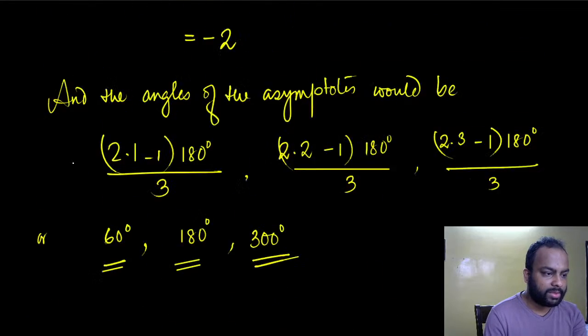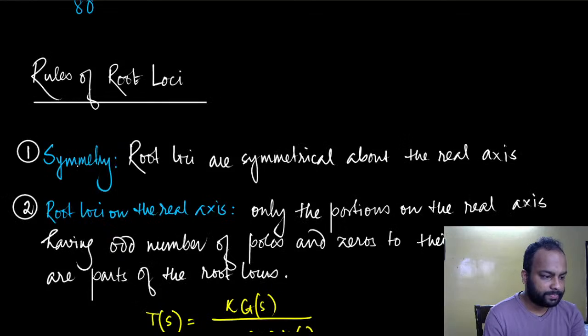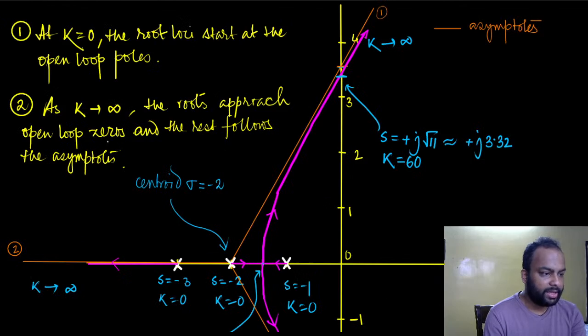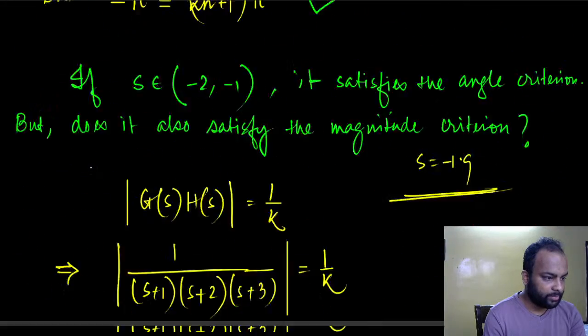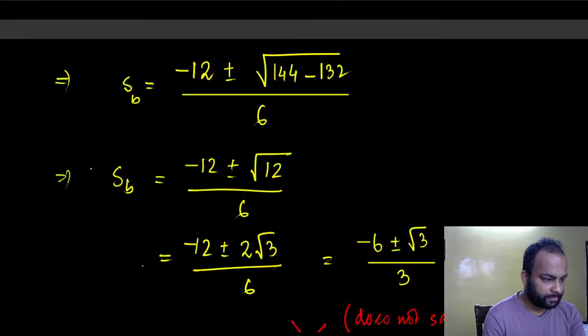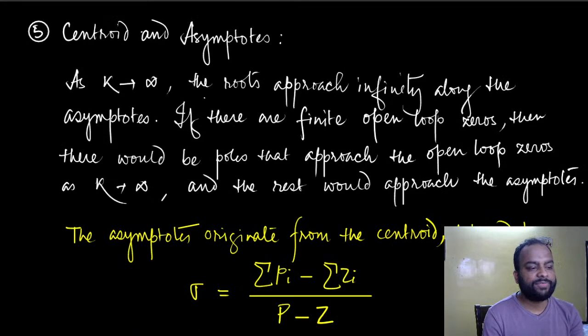Because that is one of the things I said here. If you go back to the discussion on the rules of the asymptotes, we said as k approaches infinity, the roots approach infinity along the asymptotes. If there are finite open loop zeros, then there would be poles that approach the open loop zeros as k tends to infinity, and the rest would approach the asymptotes, right?